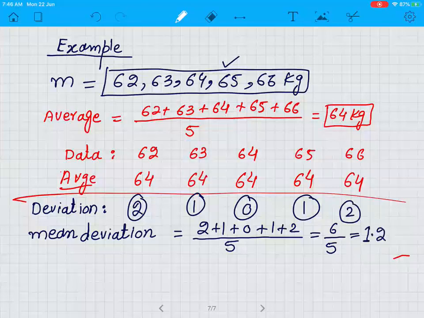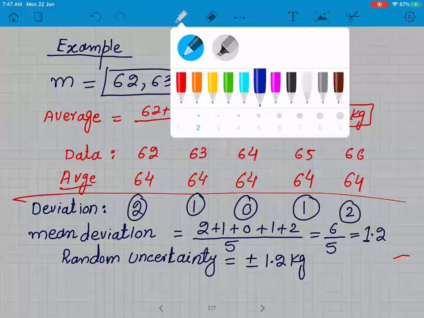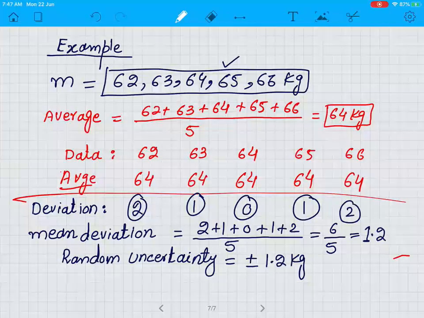Now you see the mean deviation is 1.2, and we can say that the random uncertainty in the given experiment is plus minus 1.2 kg. However, random uncertainties are written up to one significant figure in the A1 syllabus, so it would finally become plus minus 1 kg.